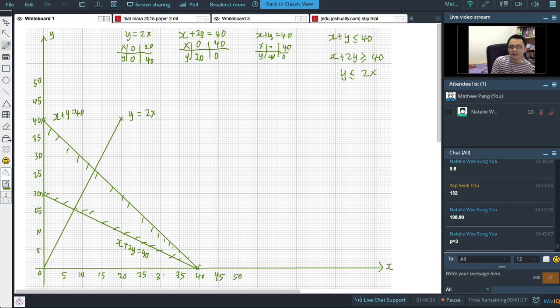And y is less than is at the bottom. Then you have to find the shaded area R, which is this area. Okay, this area fulfills everything. Okay, then after you shade it, you can go to the last part.